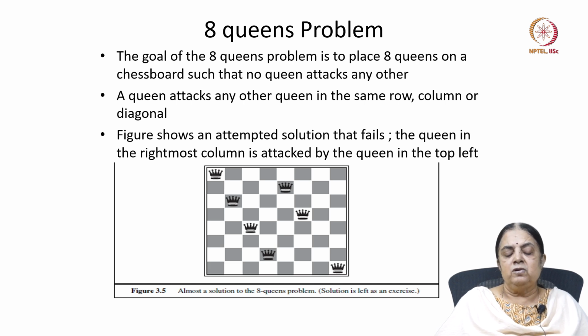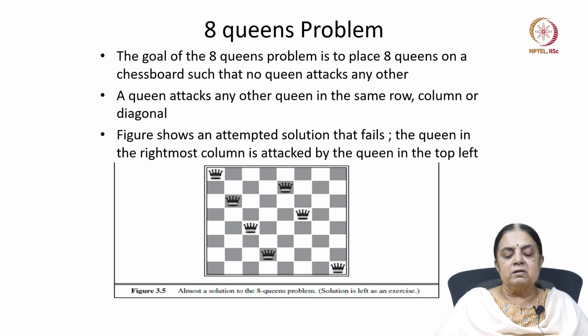So you have to place the queen so that if you place one queen, there shouldn't be any other queen in the same row, in the same column or in the same diagonal. So this is what this problem is about.